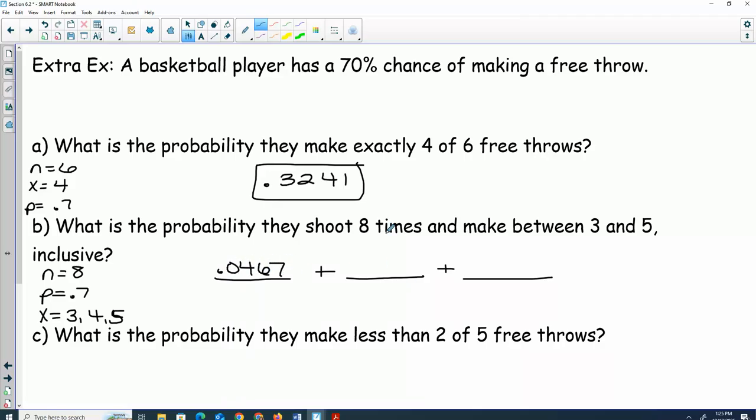Okay, and then you go down when X is 4, and when X is 5. Okay, so we add those together. And we get 0.436.